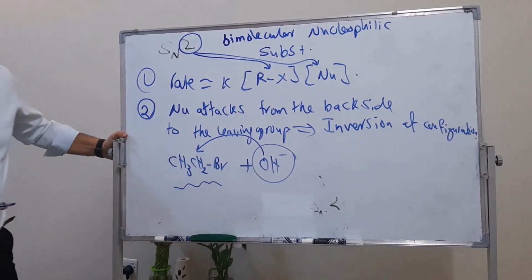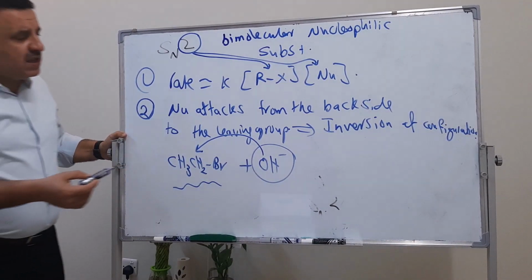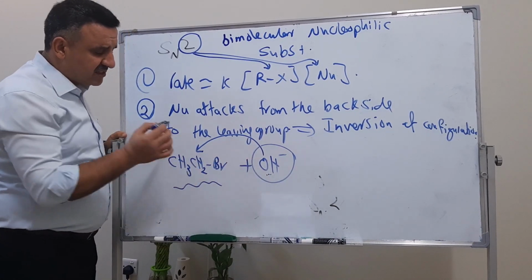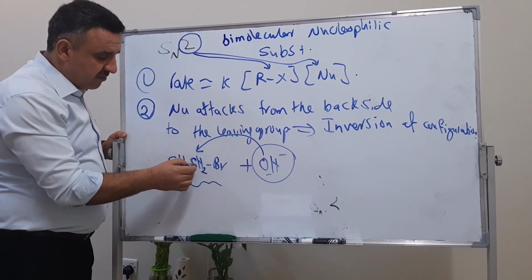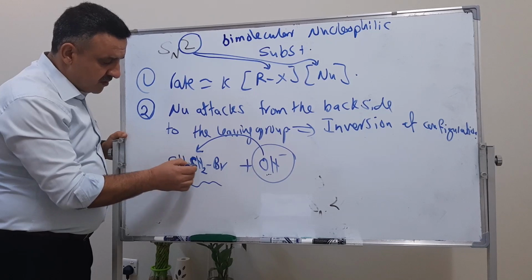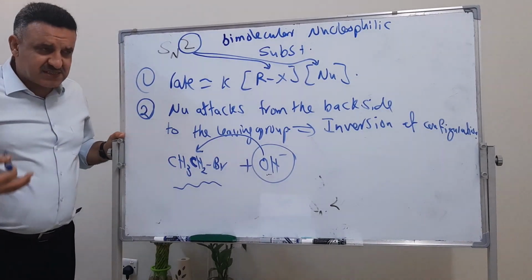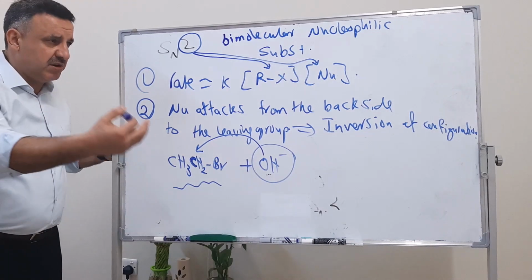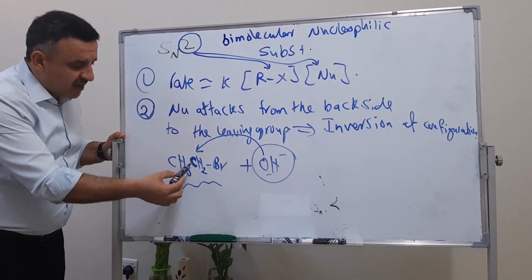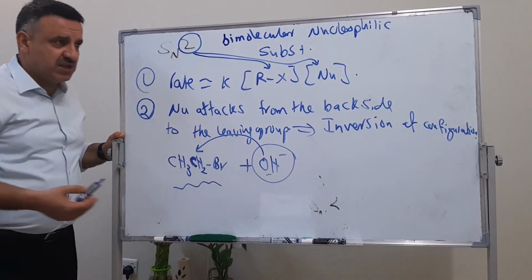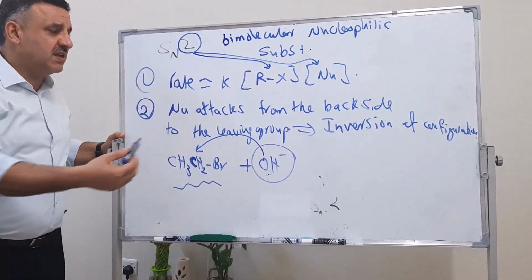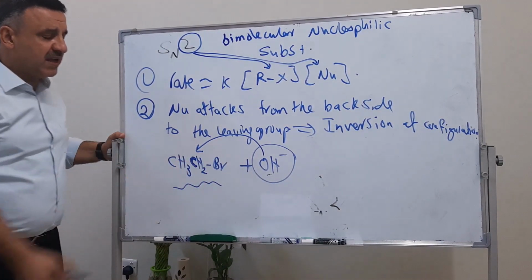Do you follow me? Why will the nucleophile attack this carbon? Anyone knows? Why will the carbon attached to a halogen always be attacked by the nucleophile?